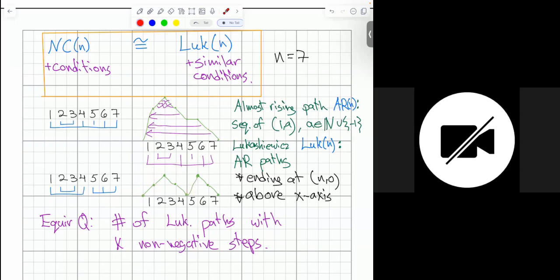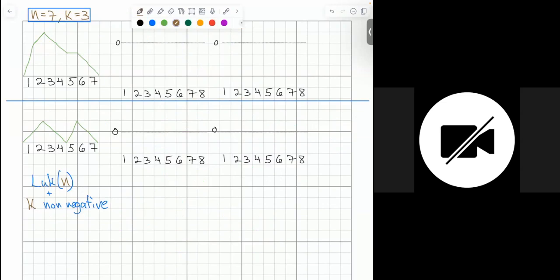And now we are left with the not so easy task of counting the number of Lukasiewicz paths. Our goal is to count the number of Lukasiewicz paths of length n that have exactly k non-negative steps.